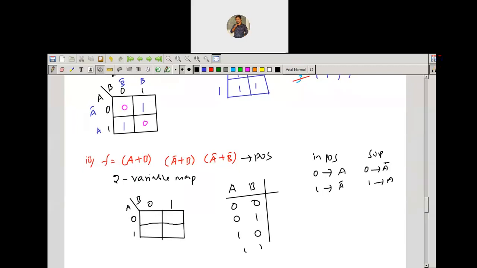So a plus b means a value 0, b value 0. It is one max term. And a bar plus b: a bar means a value 1, b value 0. There 1 0 is one more max term, and a bar b bar: a value 1, b value 1. This 1 1 is one max term.